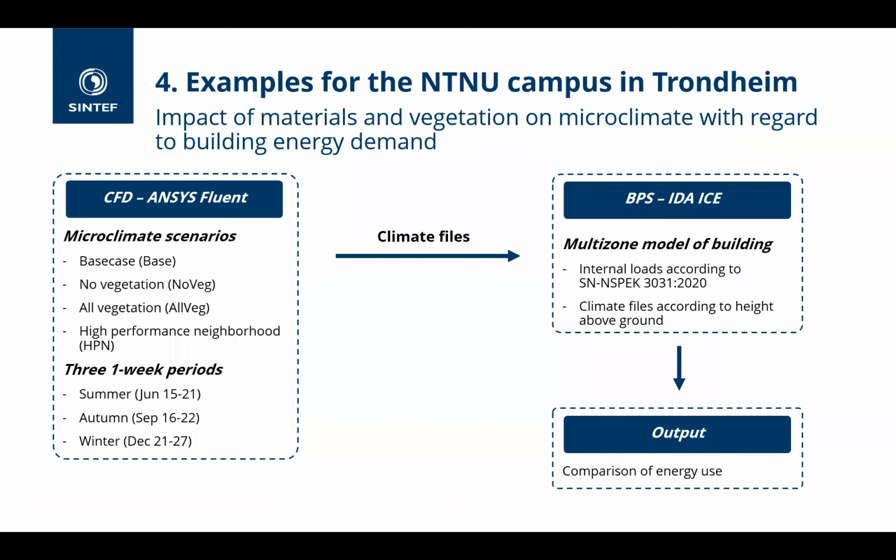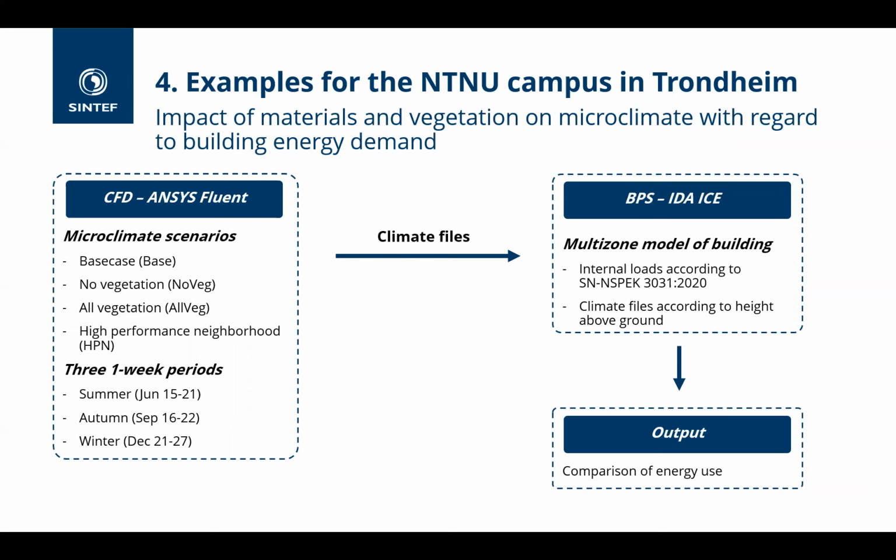So that was considered, and what we did was to simulate different scenarios with this computational fluid dynamics model for three one-week periods in summer, autumn, and winter, exporting climate files around a building on the NTNU campus into a building performance simulation tool, and simulating this building with these different climate files from these scenarios and comparing the energy output.